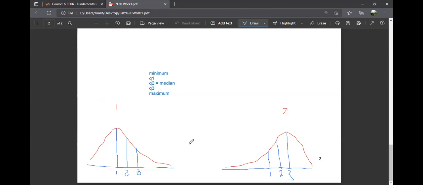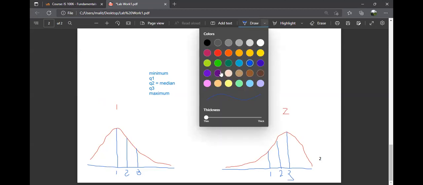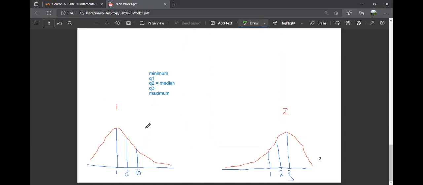We say that the first one is the mode, which I will write as MO. The second one is the median, which I will write as MD.